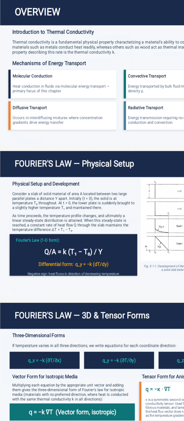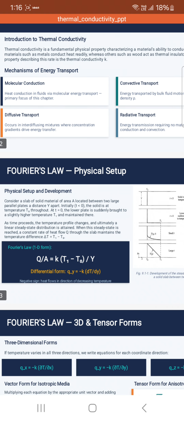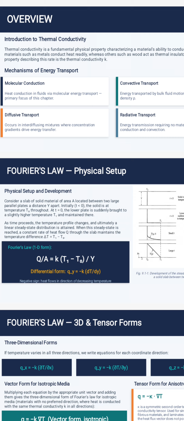Now what is this Fourier's law? Fourier's law relates the temperature gradient with the flux. Now, what is the physical setup and development? Consider a slab of solid material of area A located between two large parallel plates a distance y apart. Initially, for t less than 0, both the plates are at the same temperature.